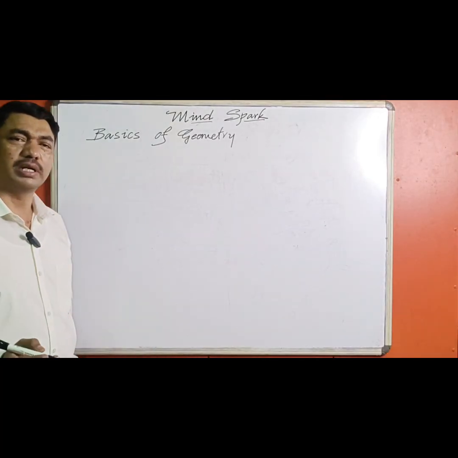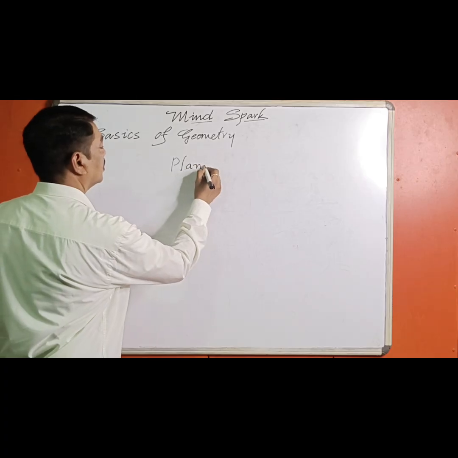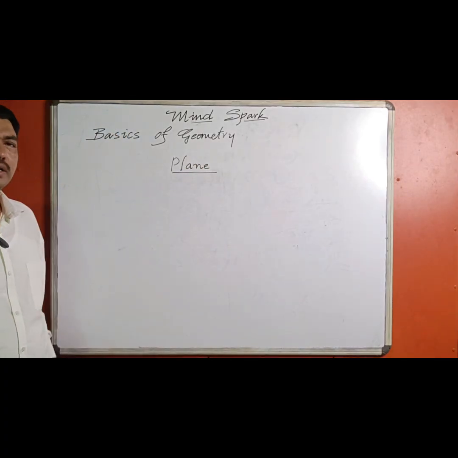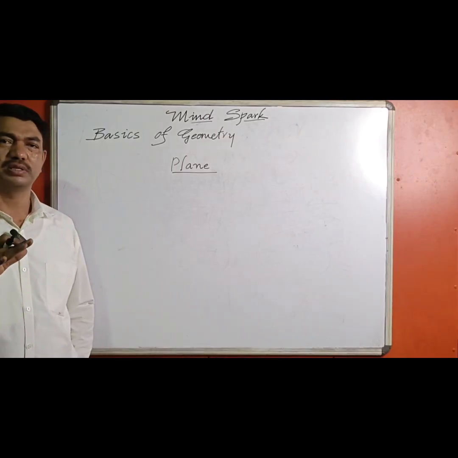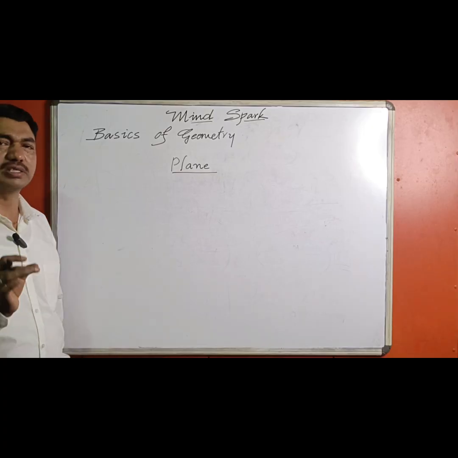Next we are going to study what a plane is. How do you define a plane? A plane is defined as an infinite number of points on a surface which has negligible thickness. The thickness is not considered, it's neglected.